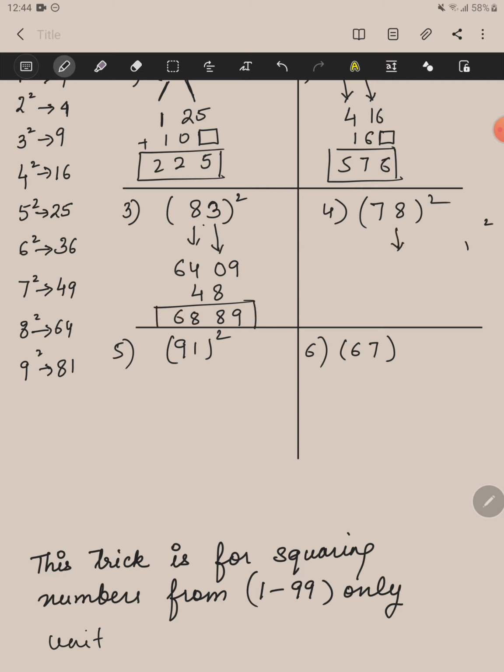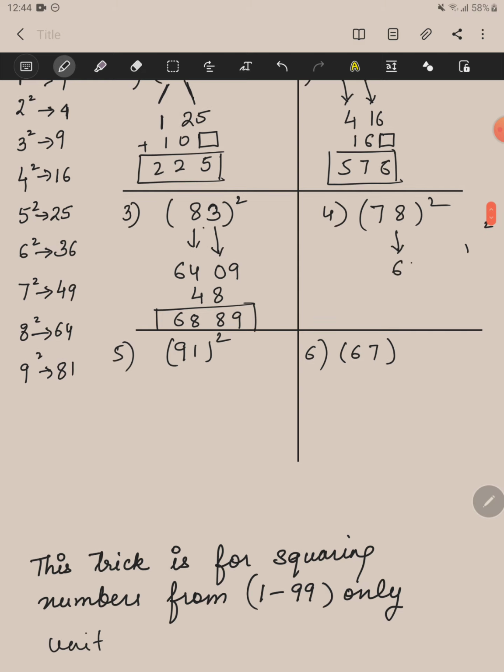Again, for this one, you can pause my video, solve the rest of the questions and then see the answer whether it's matching or not. 49, 7 into 8, 56, 56 into 2, 112.